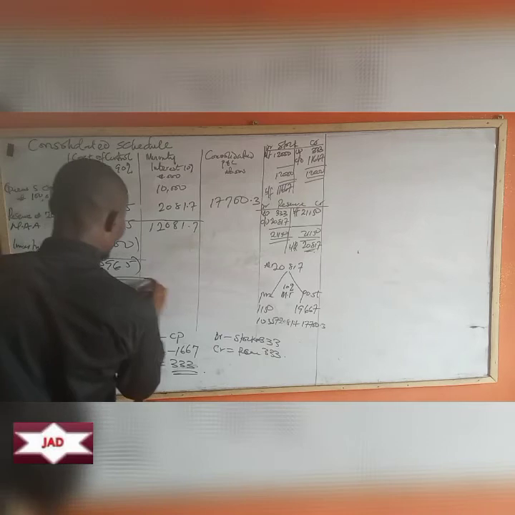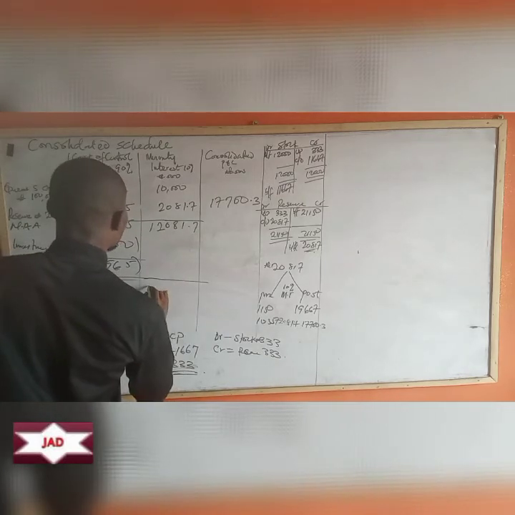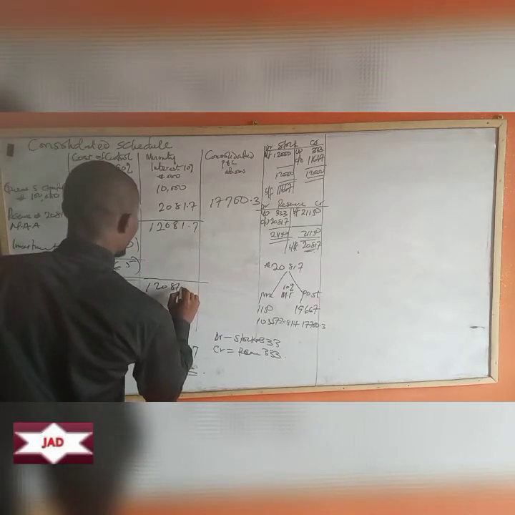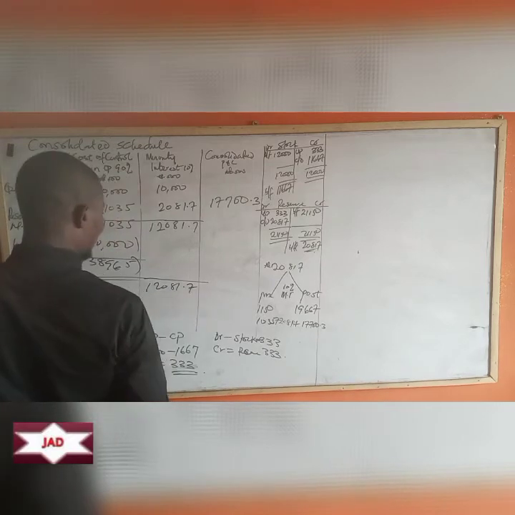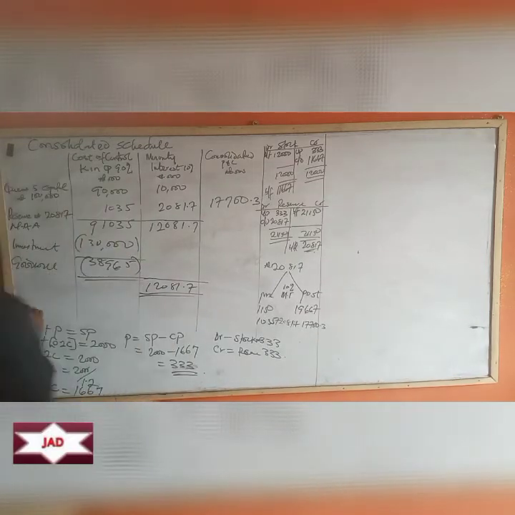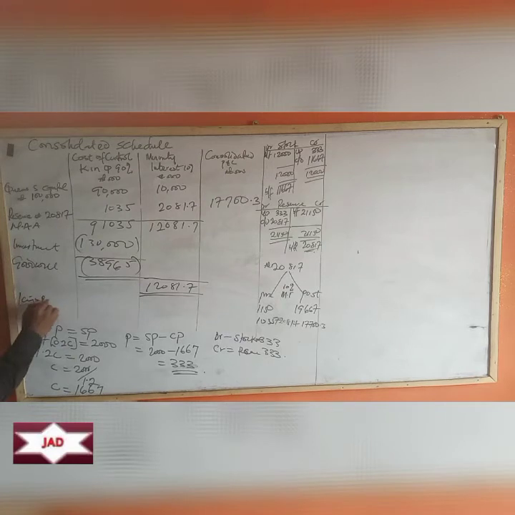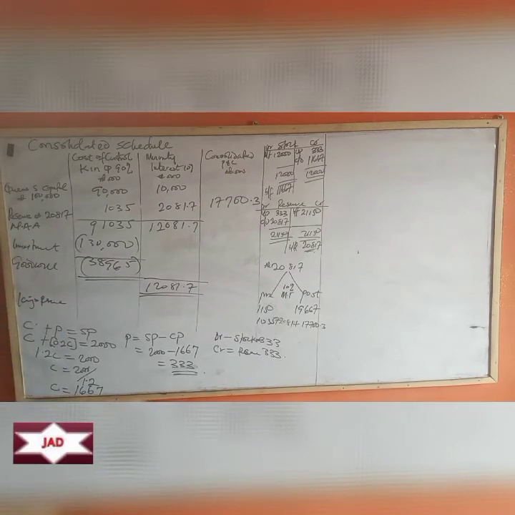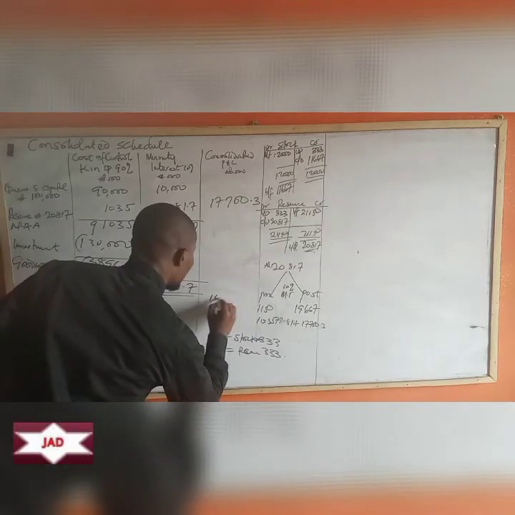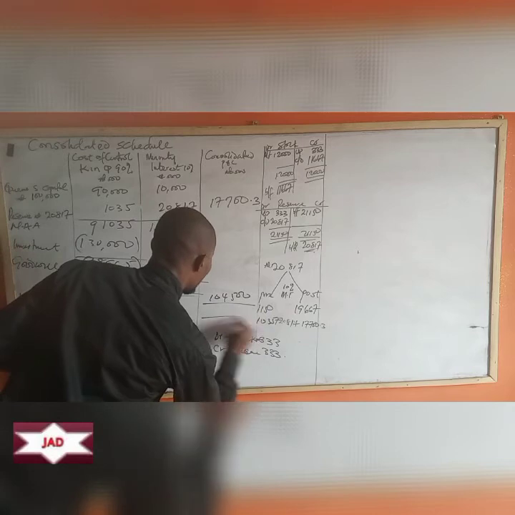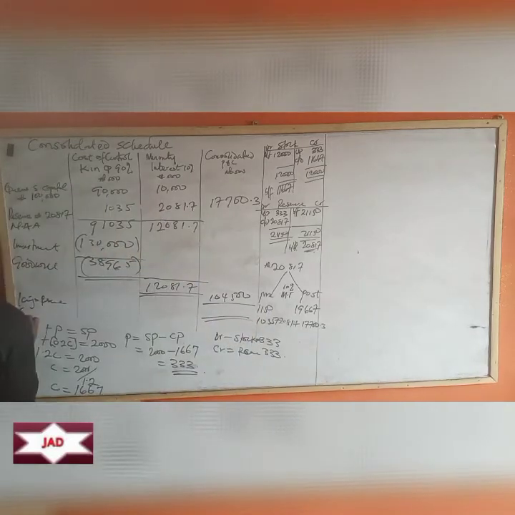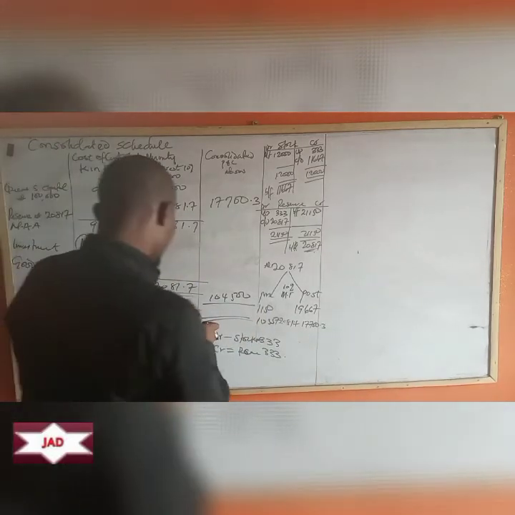Okay. So here, the minority interest is 12081.7. Okay. Then we now bring out our what? King's reserve. What's the reserve according to King's? 104,500. So we add up. So this will go to your what? Consolidated balance sheet, right?